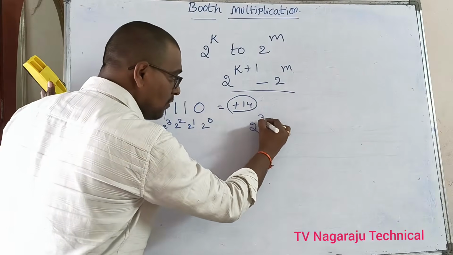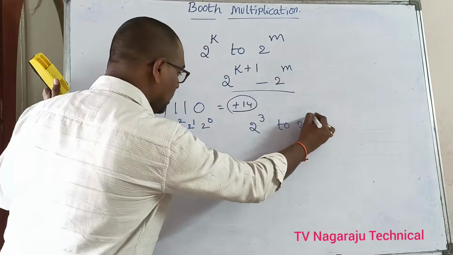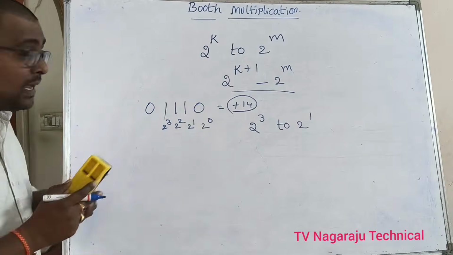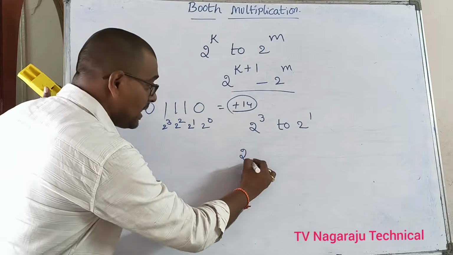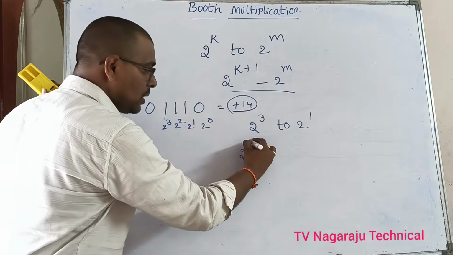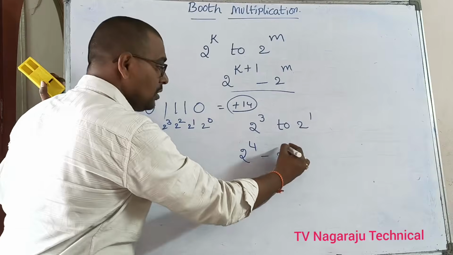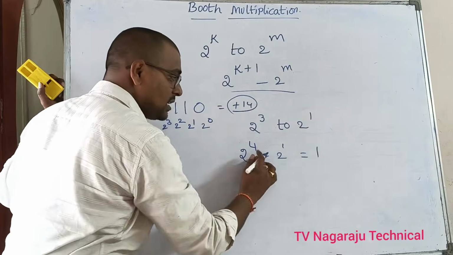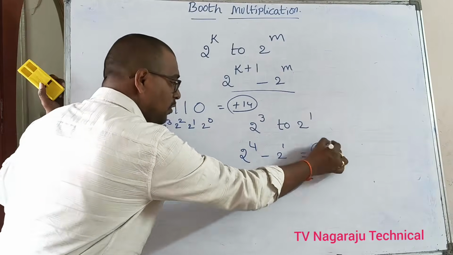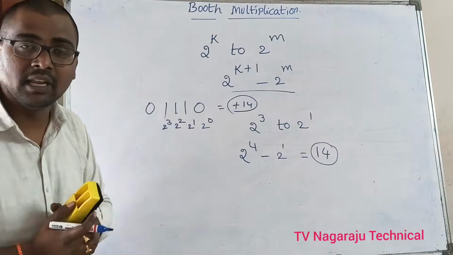So the string of ones occurs from 2^3 to 2^1. It can be represented as 2^(k+1), that is 2^4 minus 2^1. So what is the answer? 16 minus 2. The answer is 14. We are getting 14, right?